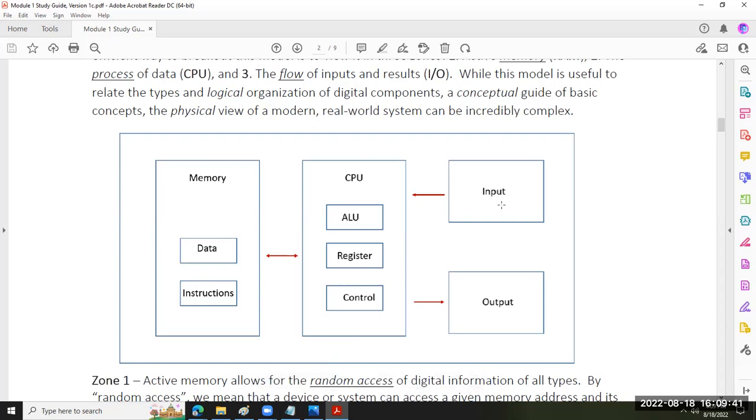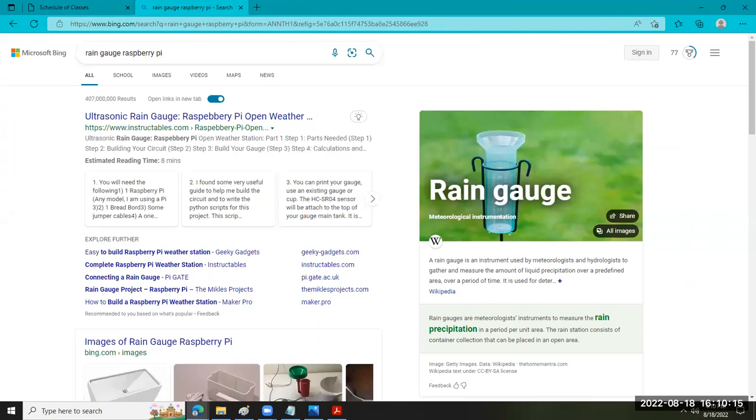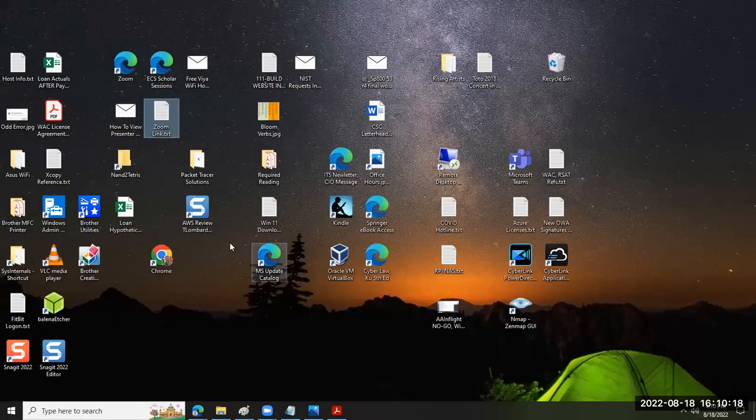One thing about inputs that's really important to determine is something called sampling. Has anyone ever heard of the term sampling rate before? No. Okay. Has anyone heard of a time-lapse photograph? Yes. Okay.